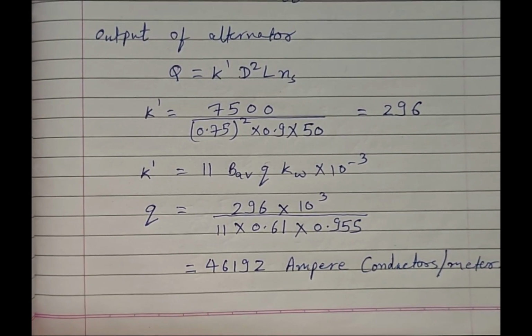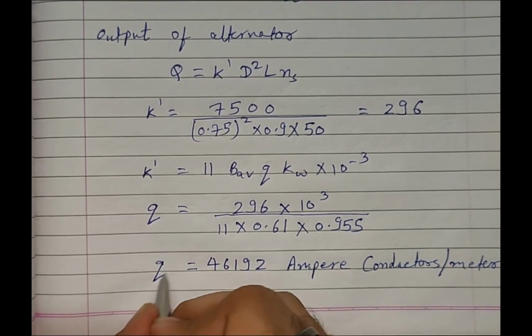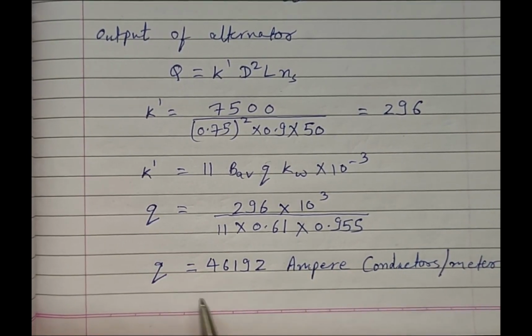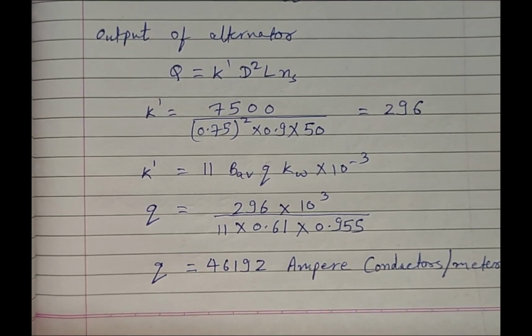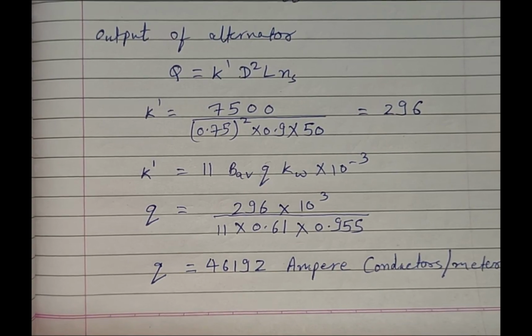Do not forget to mention the unit. So the value of Q, which is nothing but the specific electric loading, is 46192 ampere conductors per meter.